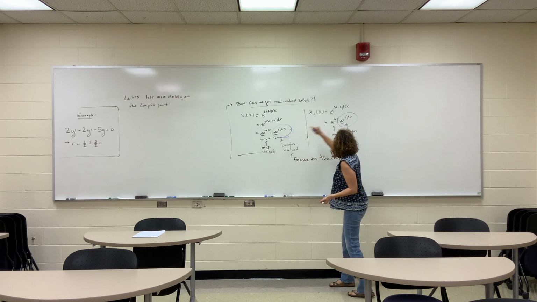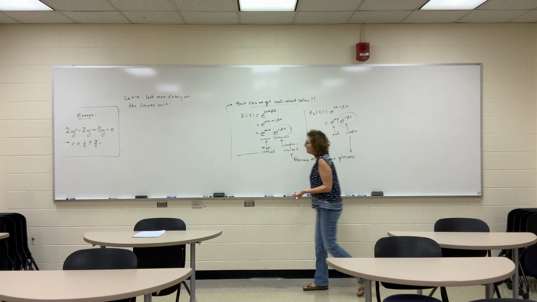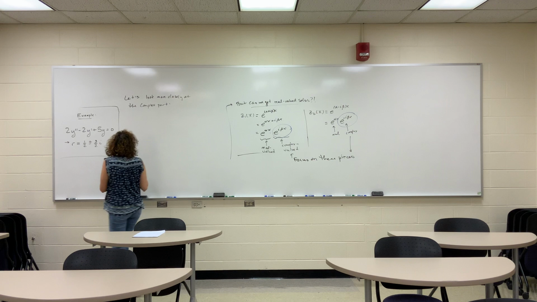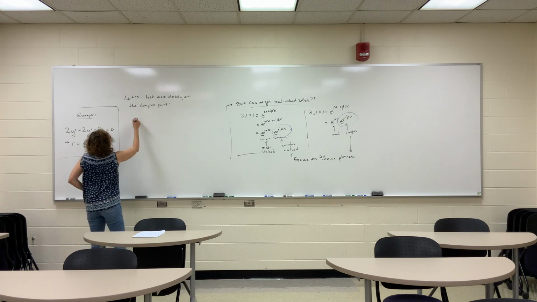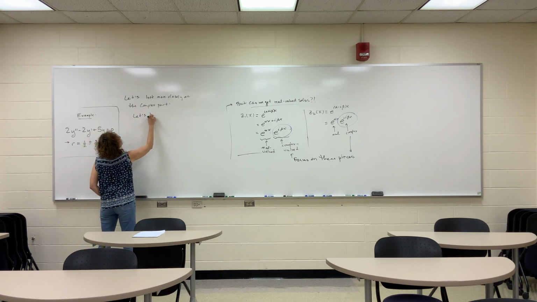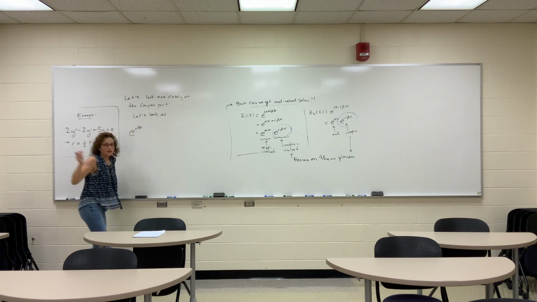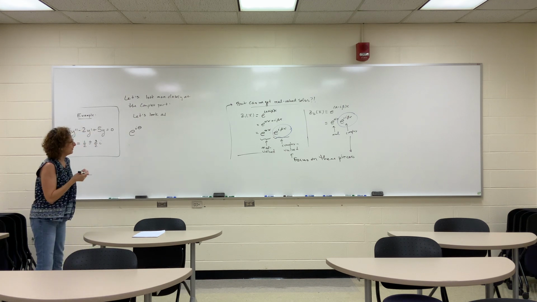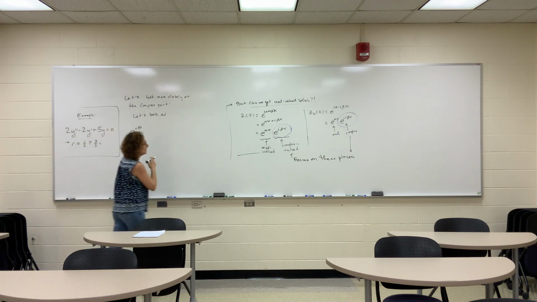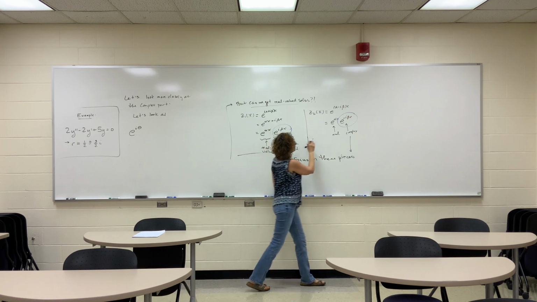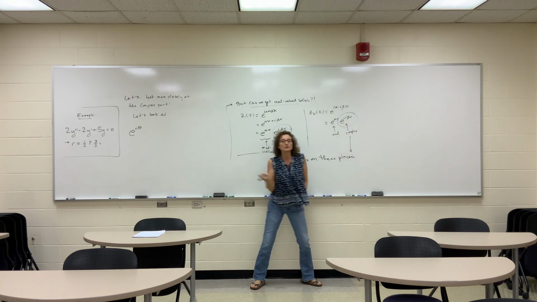E to the I times thing, okay? So let's look instead at e to the I times theta. Let's just call it theta. So for this guy, theta is beta times x, and for this guy, it's minus beta times x, right?